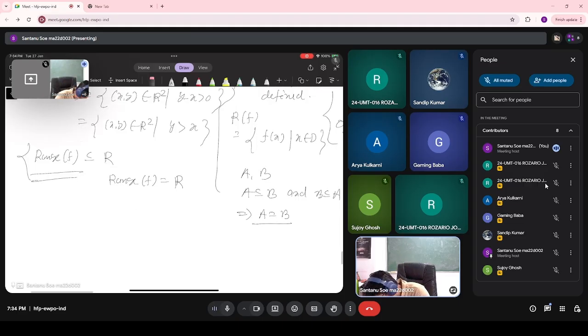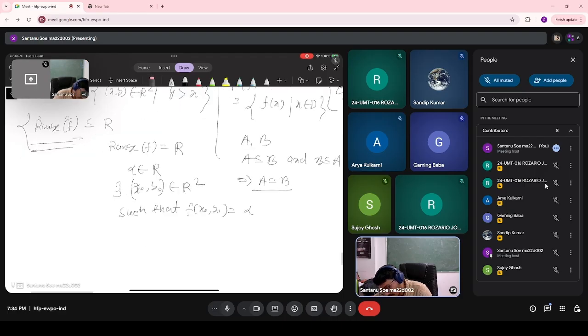So that means given a point alpha in the real numbers, I have to show there exist x0 and y0 in R2 such that f of x0 comma y0 is alpha, correct?